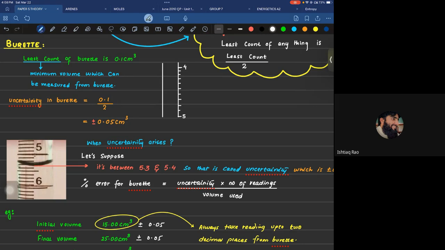After doing the titration, can you tell me the reading of the burette? Let's suppose you have used the volume just like that. This is your volume.